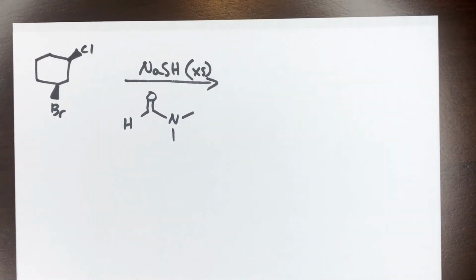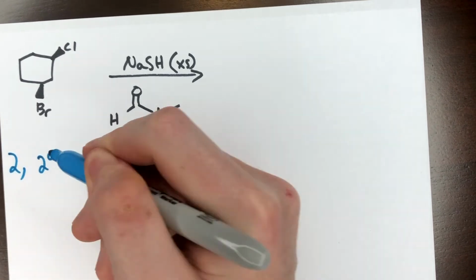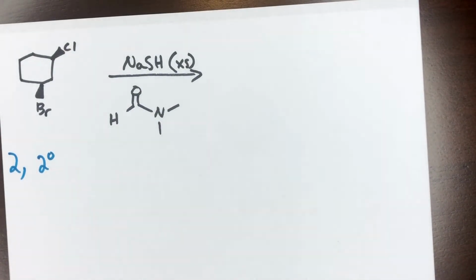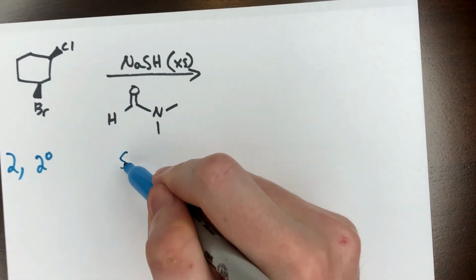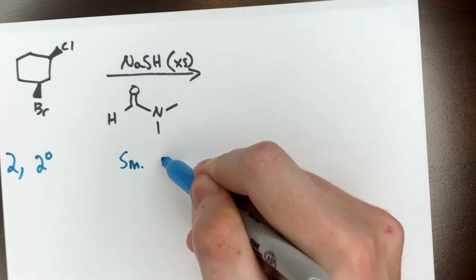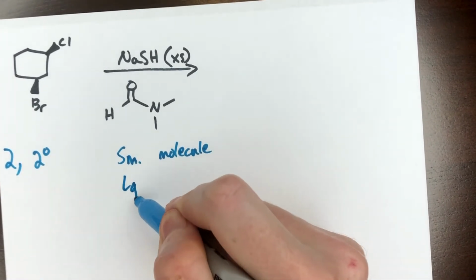All right, so here we have two reactive centers. They're both secondary. So I will just say 2 secondary for the 2 positions that are secondary alkyl halides. We have a good nucleophile and a weak base because it is a small molecule and a large atom.